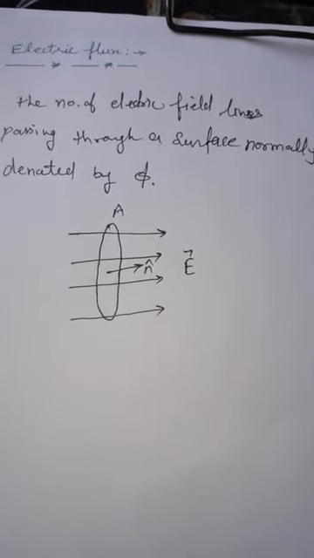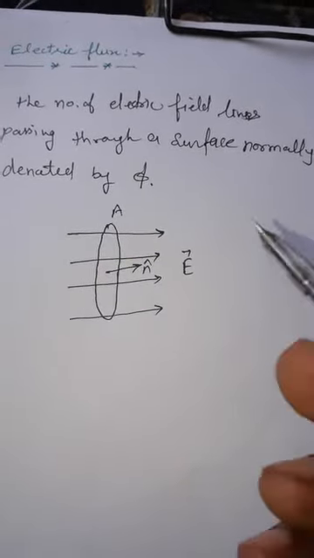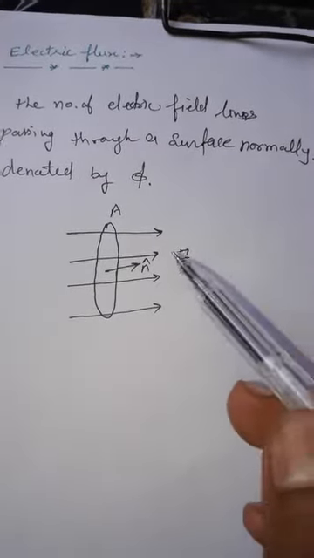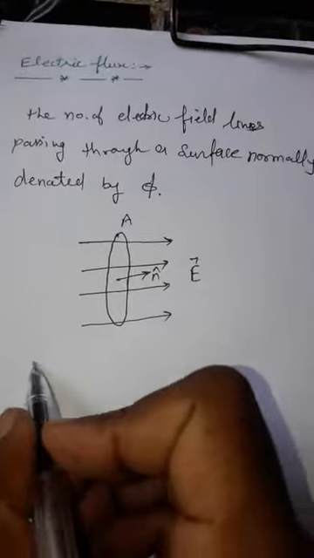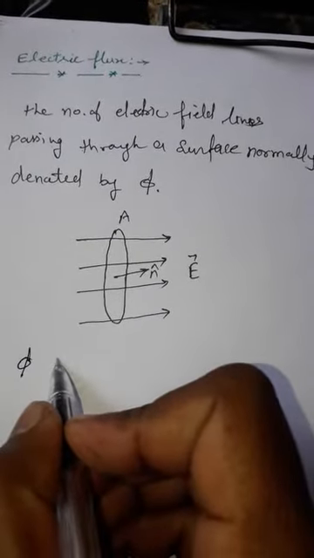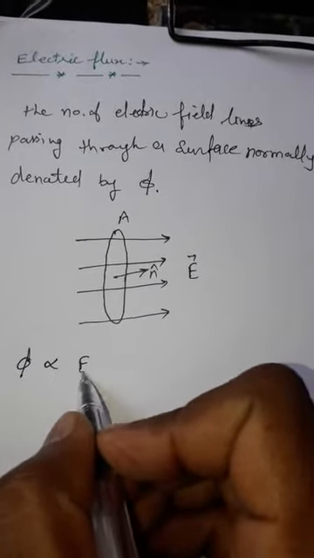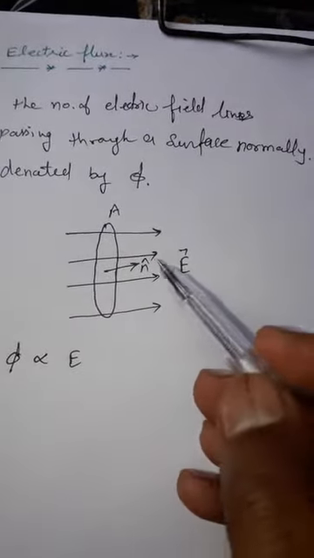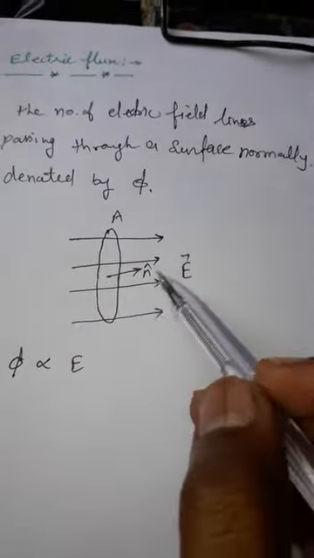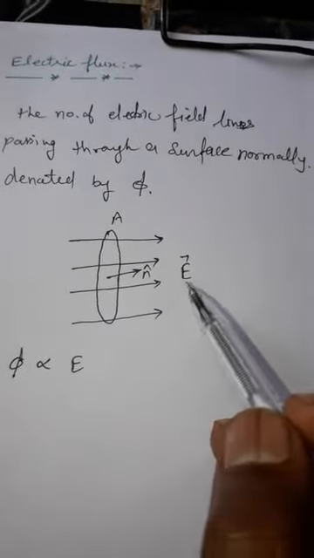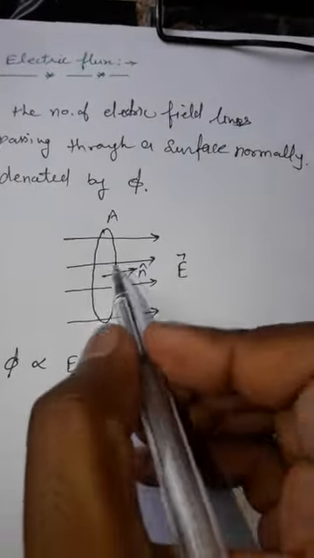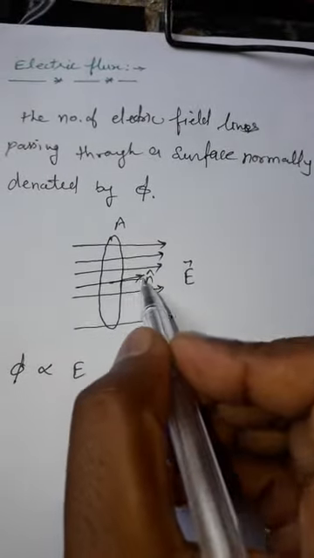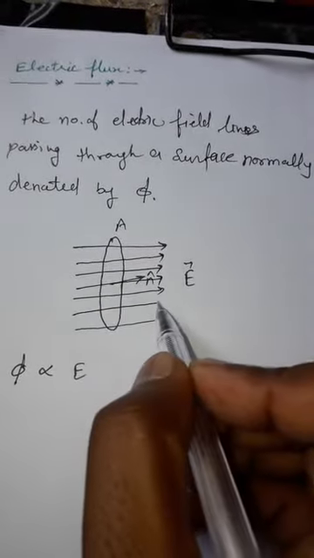Okay, now on what factors does this flux depend? First of all, flux depends upon the electric field, whether it is weak or strong. Means if there is a field like this, there are four lines passing through this. If the electric field is strong, there are a large number of lines passing through the same area, like this.